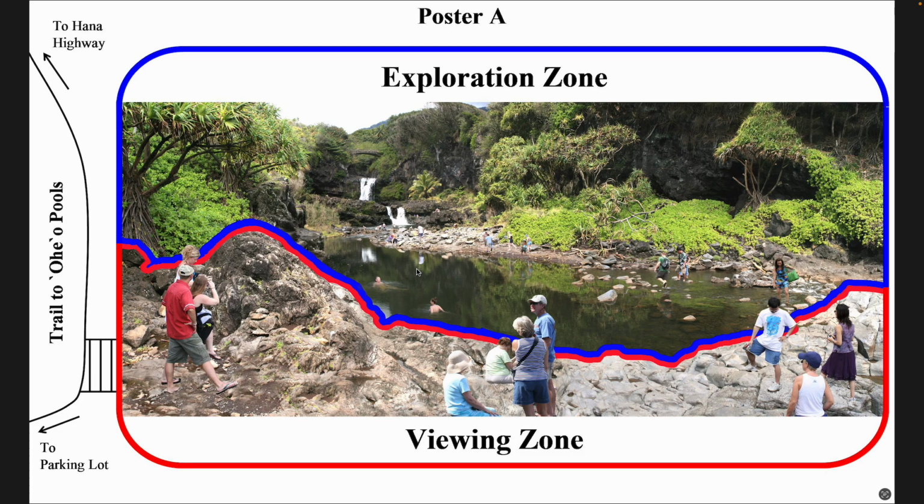So we take a bunch of pictures, and as people move around and groups come and go, we take multiple sequences of pictures and combine and airbrush people into and out of these photos, and we present a range of photos to subsequent visitors and ask them: if we show you a picture of 0 people, if this is what you saw as you walk off the trail to Ohio Pools, and you're standing right here in this front country viewing zone, if you saw 0 other people, like it shows in this photo, how acceptable would that be to you for crowding?